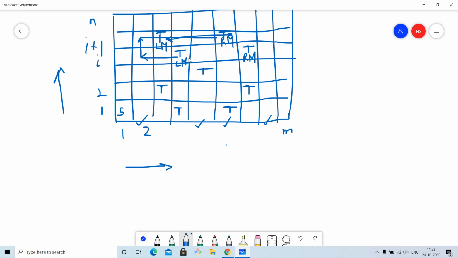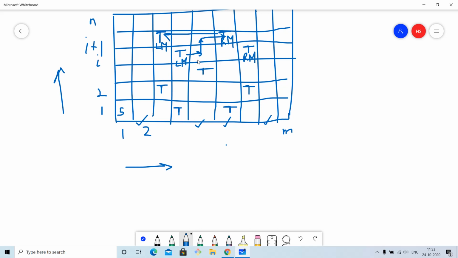Or it can happen that we go from the leftmost treasure using the nearest safe column located to its right, and then we sweep till the rightmost treasure, and then end up at the leftmost treasure. So this is another situation.